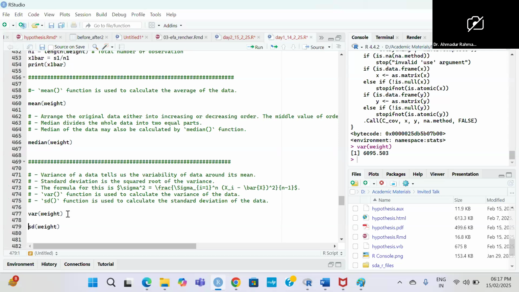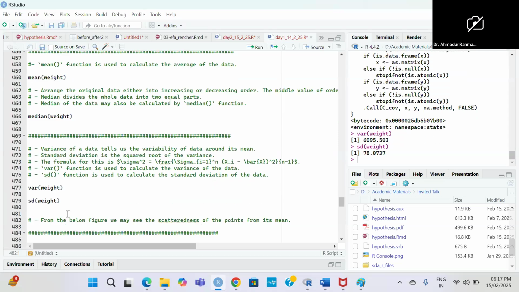Okay, this is the square root of the variance, and when we have taken the standard deviation of this, this is 78.0737. So whenever we have data, we need its mean, median, variance, standard deviation, quantiles.